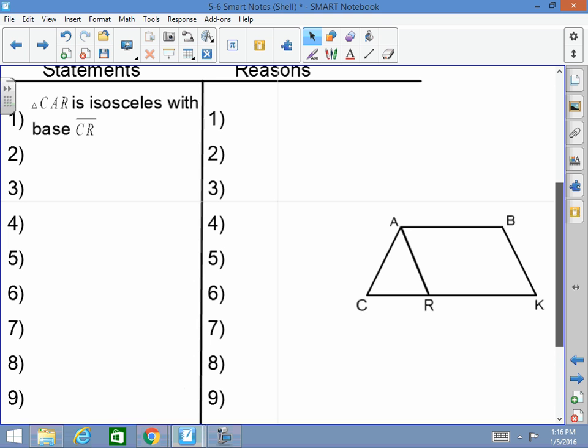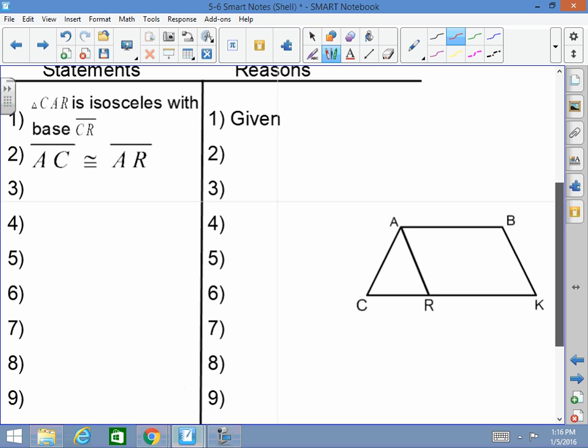So number one, of course, triangle CAR is isosceles with base CR. That's a given. If triangle CAR is isosceles, then I know that AC is congruent to AR. I'm nice to you guys. Definition of isosceles triangle. I don't make you say the legs of an isosceles triangle are congruent.